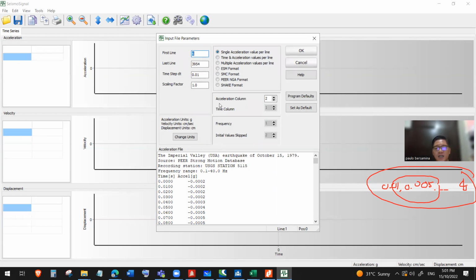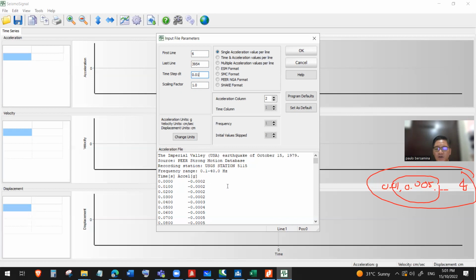For example, it's already there. If you get data from the PEER database or something like that, where does the first line start? 1, 2, 3, 4, 5, 6. So correct, the first line is 6. The last line, I believe it detects automatically. Then the time step, dt is 0.01. Okay, correct.